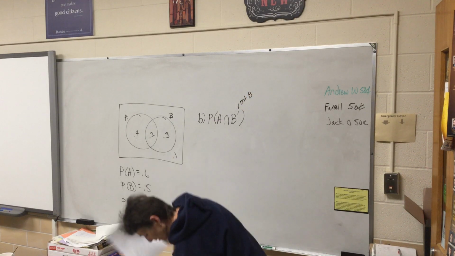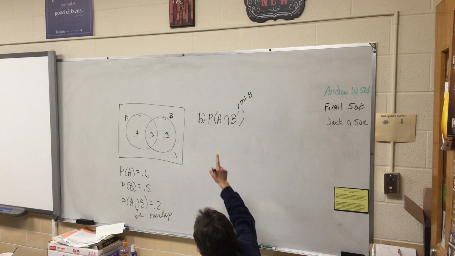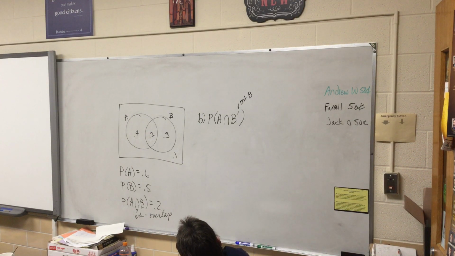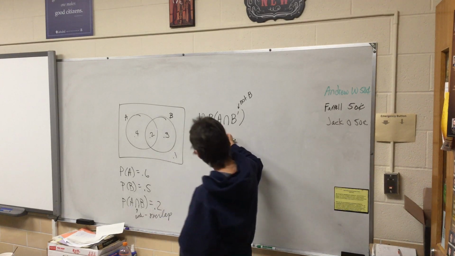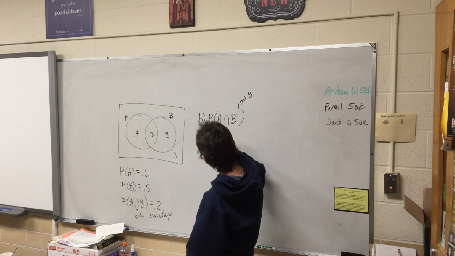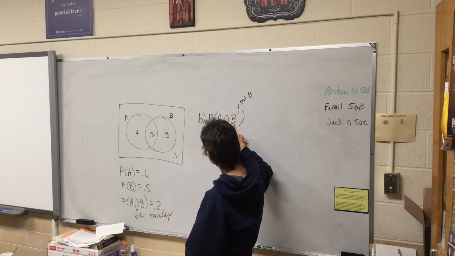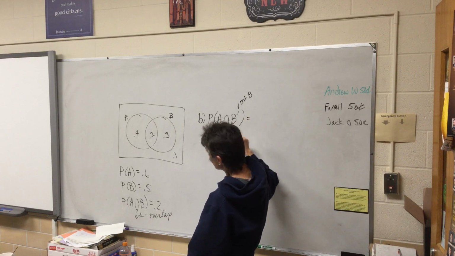When you put that little mark on it, that means not B. So what this is asking me is, okay, what's the probability that somebody likes apples and they don't like bananas? So look at your Venn diagram. We like apples and we don't like bananas. What would that probability be?